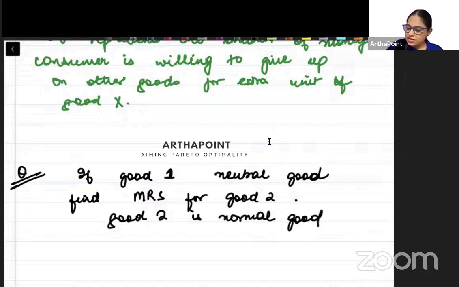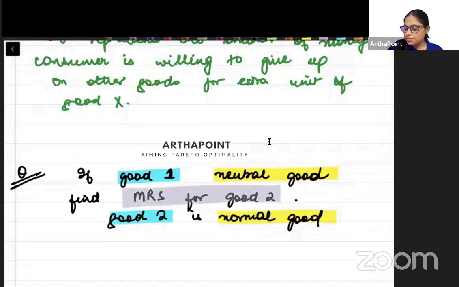So good 1 is taken as neutral good, good 2 is taken as normal good, और इस केस में आपको मुझे बताना है what will be the MRS. You need to tell me what will be MRS. Homework question बेटा. Okay? Okay बेटा.